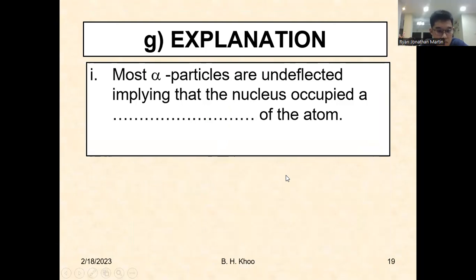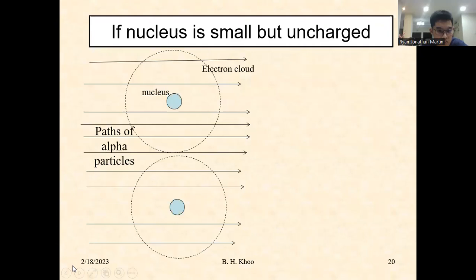Most alpha particles are undeflected, implying that the nucleus occupies a tiny volume of the atom. Nucleus compared to the atom is very tiny. So there is a lot of empty space between one nucleus and another nucleus.